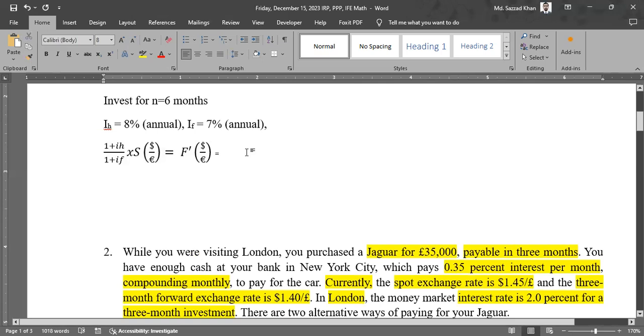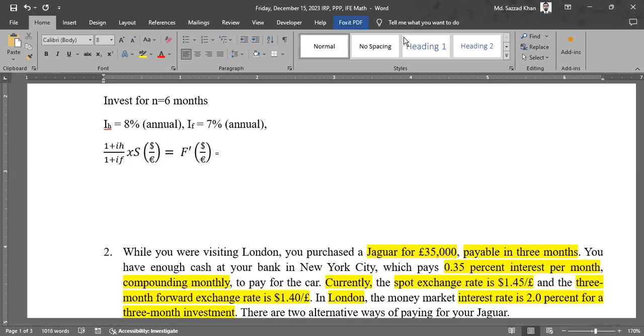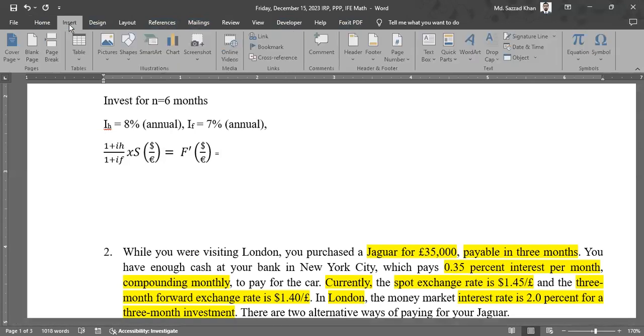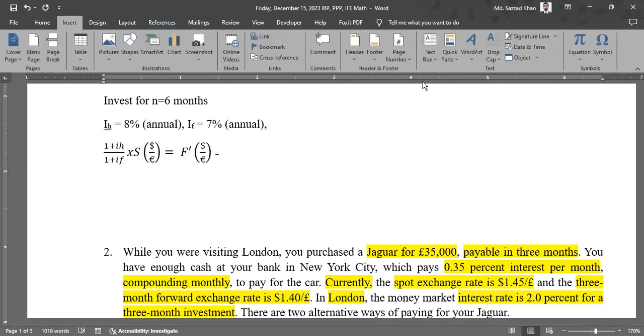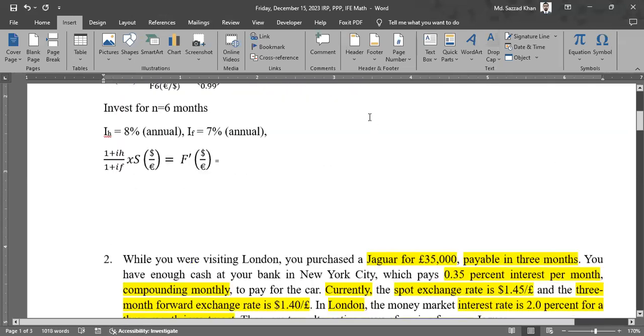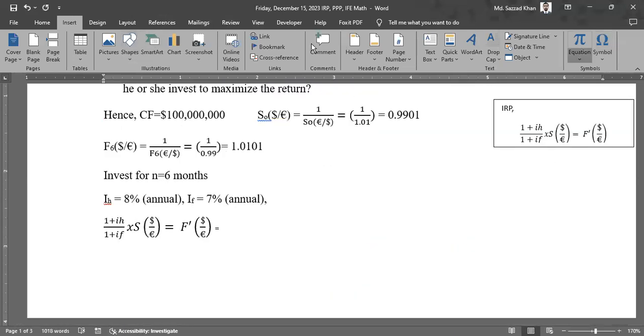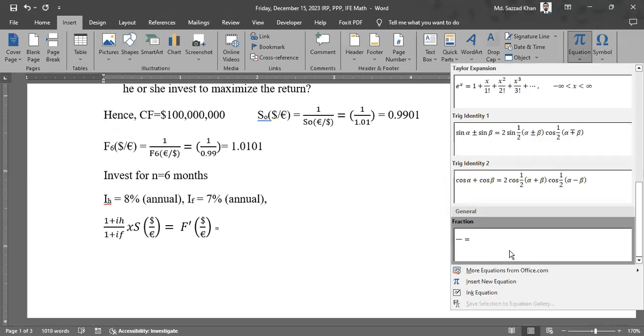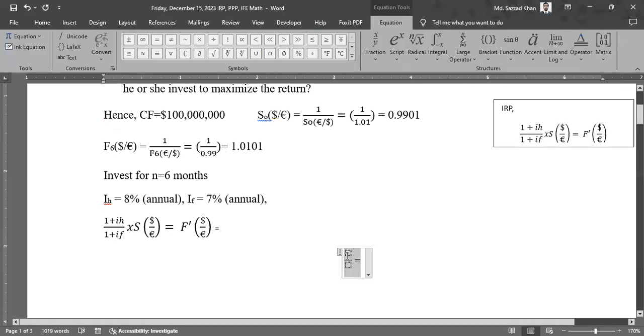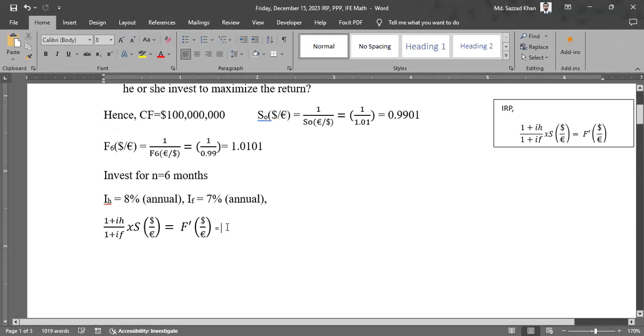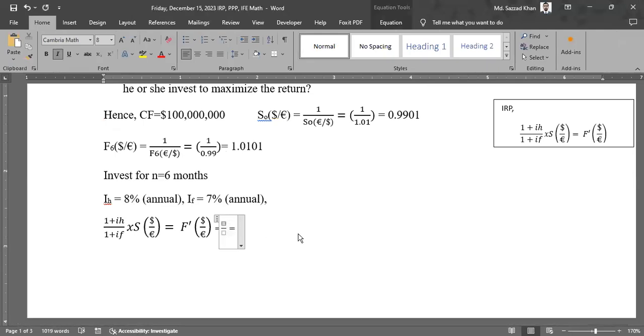Okay. So what is 1 plus IH, 1 plus 8%, right?